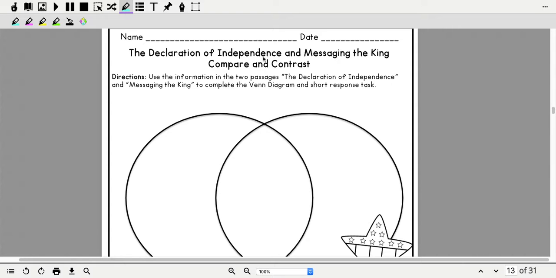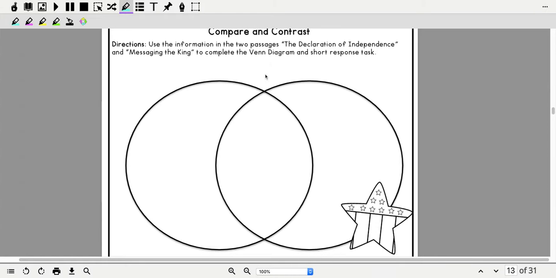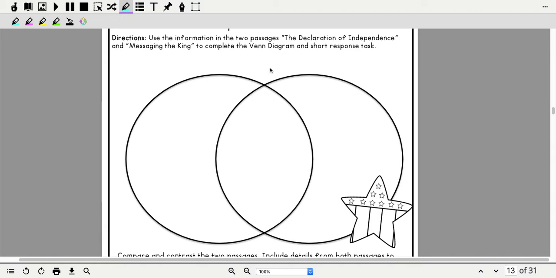Today we're going to work on the Declaration of Independence and Messaging the King compare and contrast pages. Our directions say use the information in the two passages, the Declaration of Independence and Messaging the King, to complete the Venn diagram and short response test.